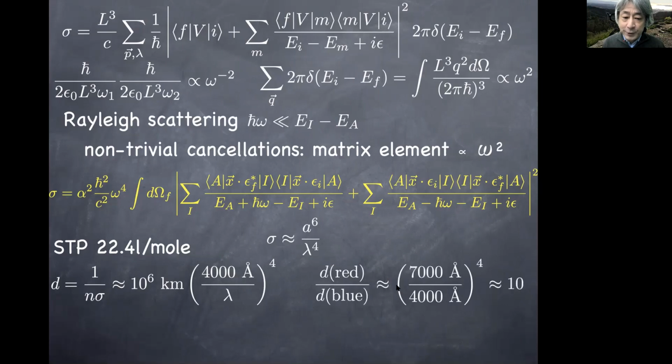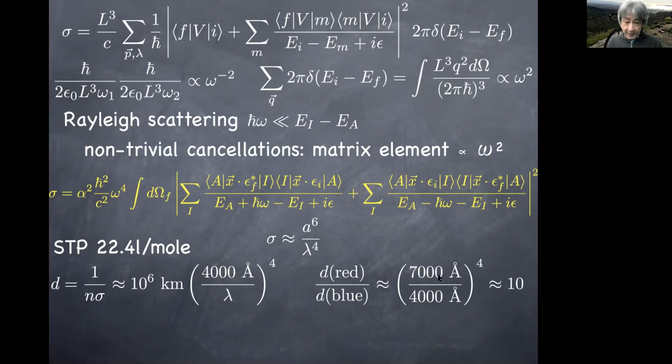But it also tells you that, given that this mean free path goes like the wavelength to the 4th power, the mean free path for the red light and the mean free path for the blue light are quite different from each other. So putting in like 7,000 angstrom for red, 4,000 angstrom for blue, actually blue is maybe a little bit shorter than this.